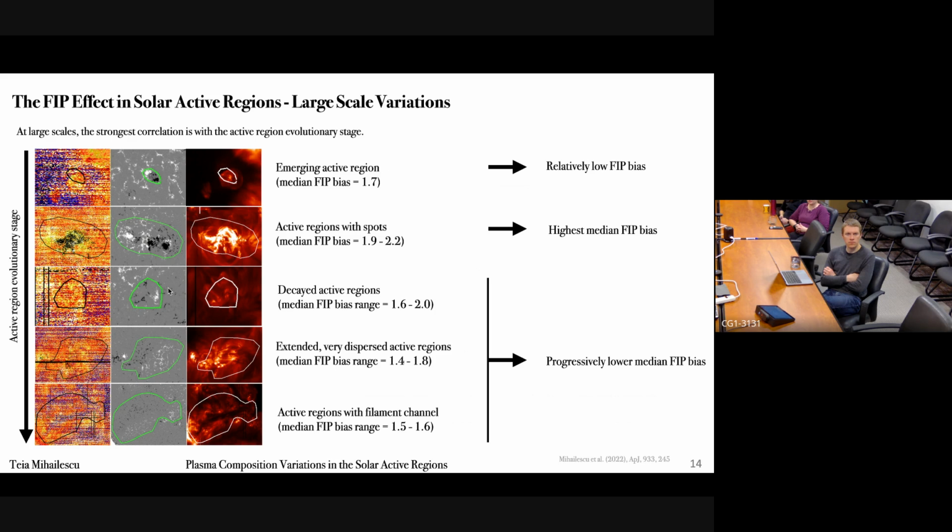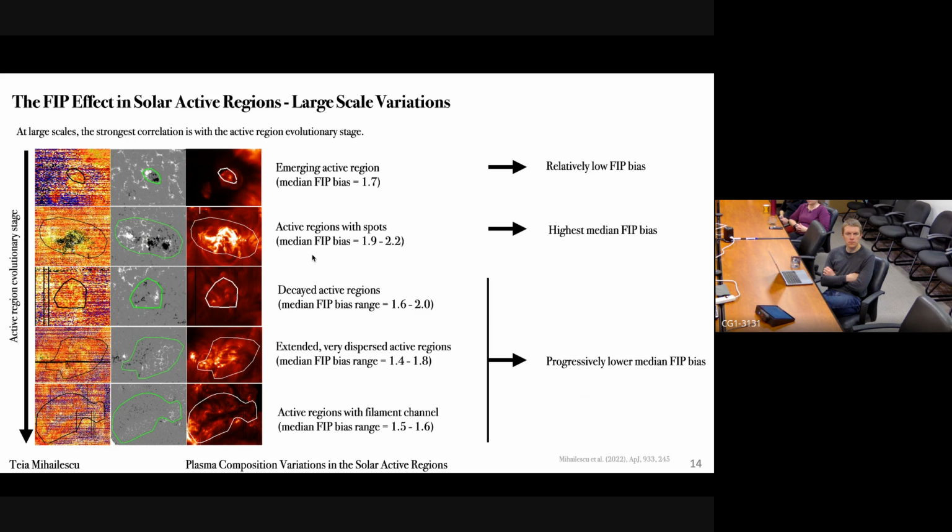But we put the active regions into some main categories that follow an active region's evolutionary stage. So the first category is emerging active regions, and in this category, the median FIP bias is about 1.7, which is relatively low. Then we have active regions that have sunspots.